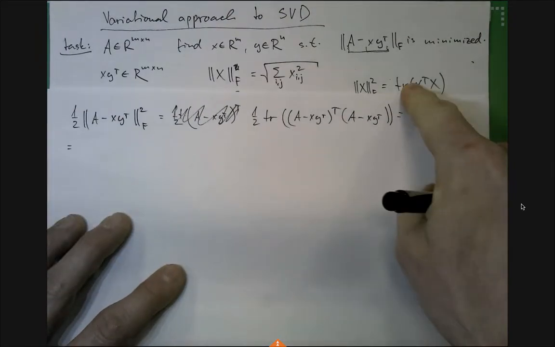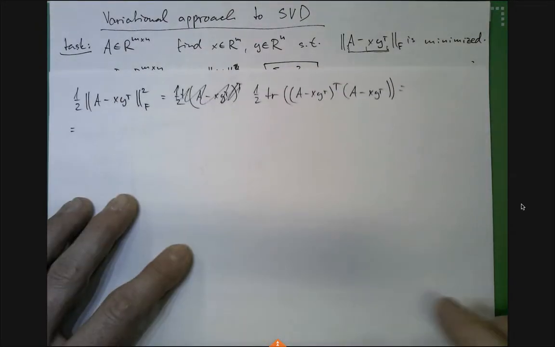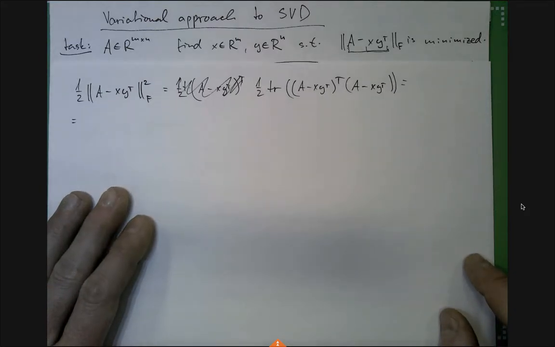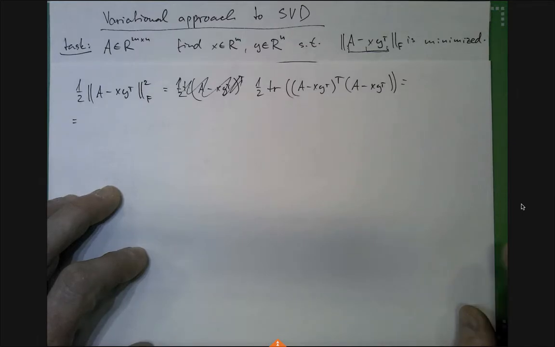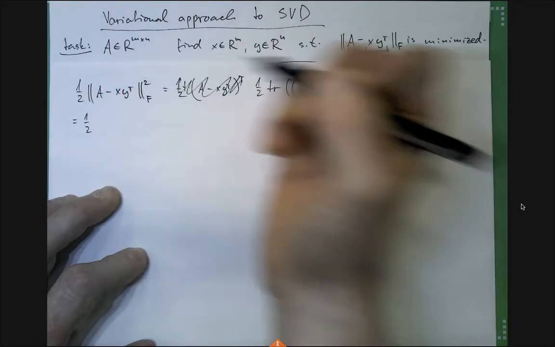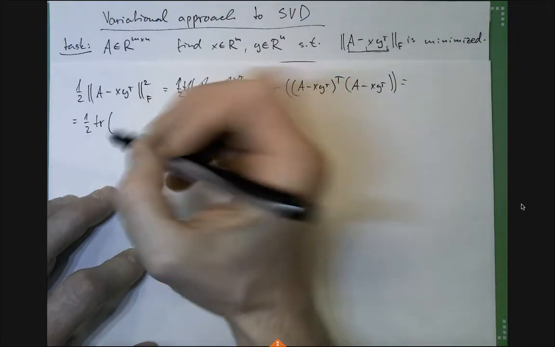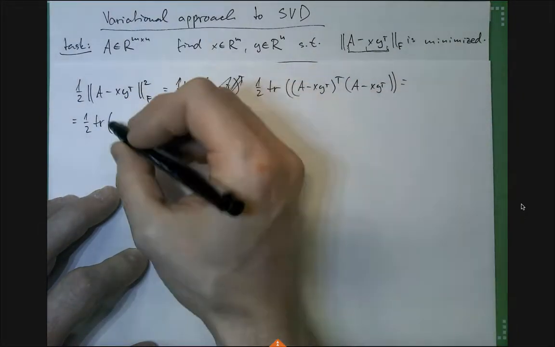I just applied this to rewrite the Frobenius norm. Because with traces, there are all these cool properties, which I have told you before, which are going to be useful now. Okay, let me make this a little bit slower so you can follow that interactively, I guess.